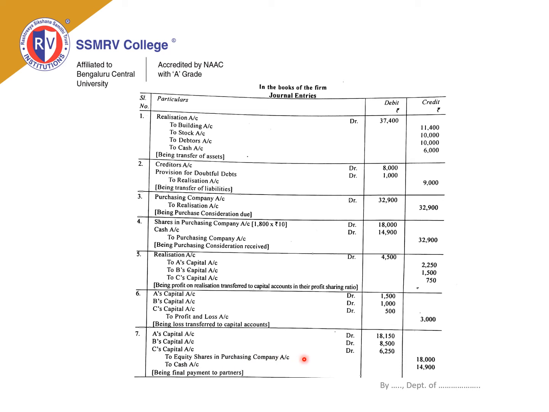And the second entry will be A's capital account debtor 9,150, B's capital account debtor 2,500, C's capital account debtor 3,250 to cash account 14,900.